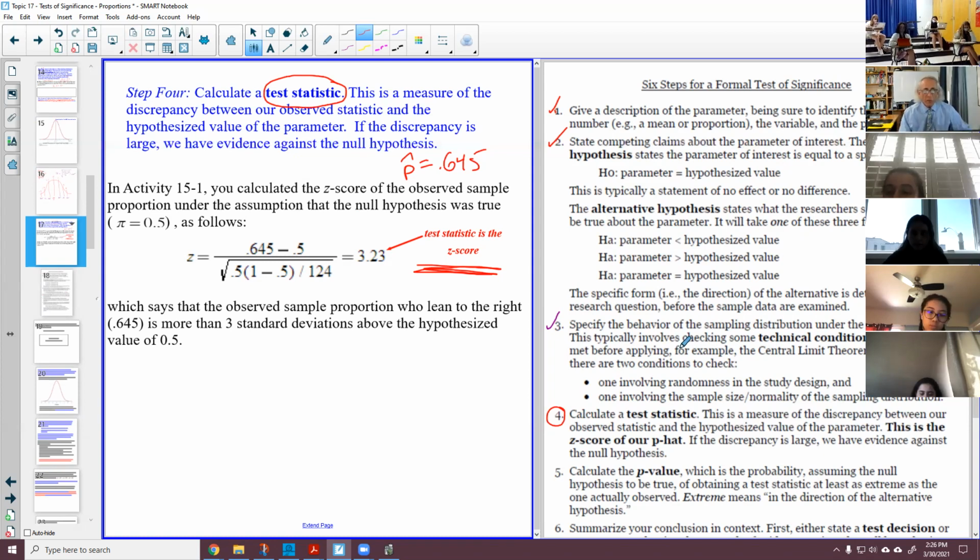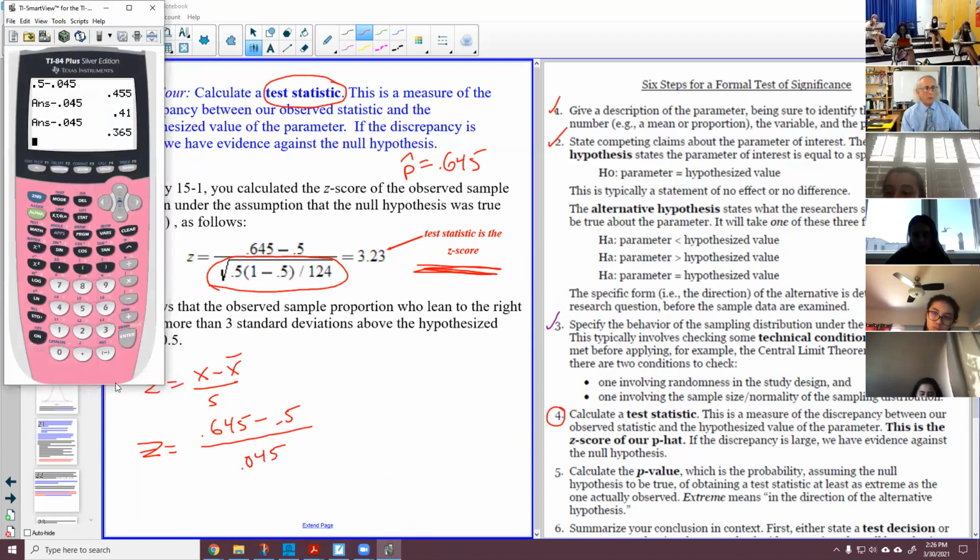So I'm going to find the z-score for 0.645. We know that z equals x minus x bar over s. So z equals 0.645 minus our middle from our diagram, which was pi, 0.50, divided by what I just calculated for my standard deviation, 0.045.